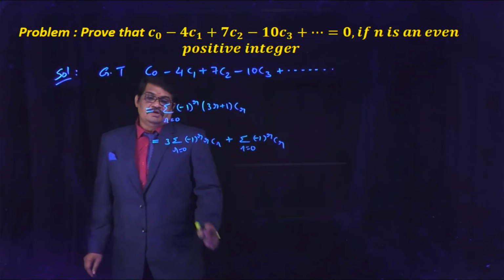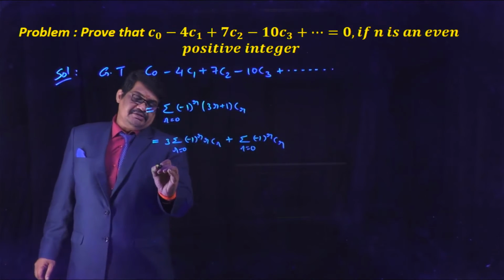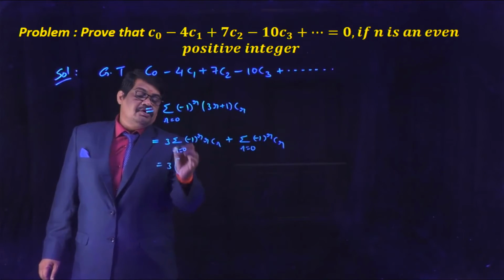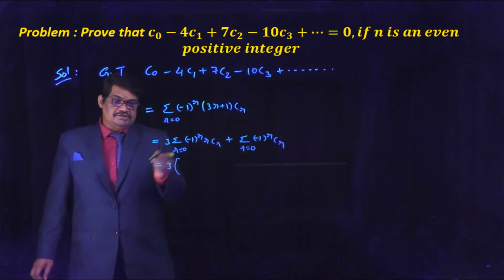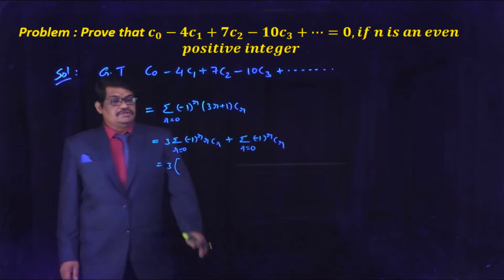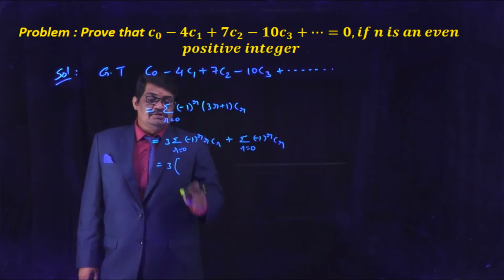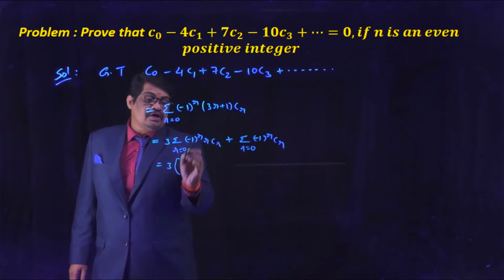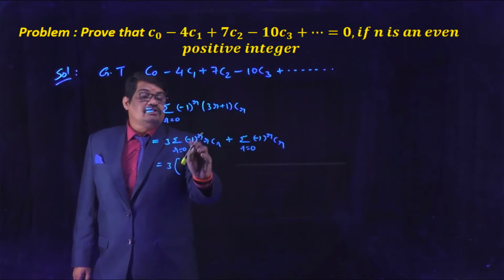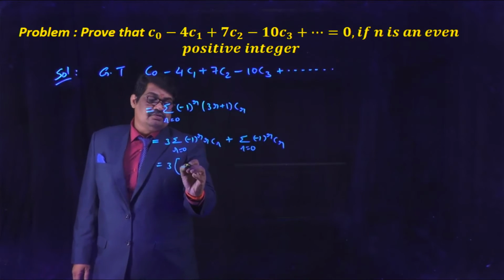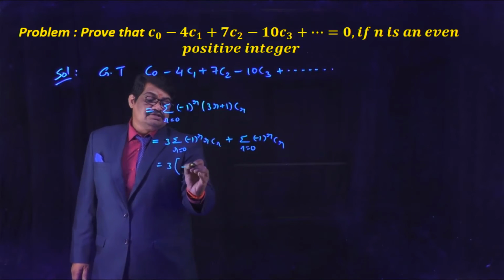Now we write 3 into the first series, taking r equal to 0. If r is equal to 0, that is 0 into something, 0. Next r is equal to 1, we get minus 1 to the power of 1, that is minus 1, and r is 1, that is C1.